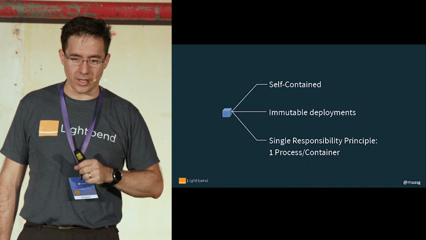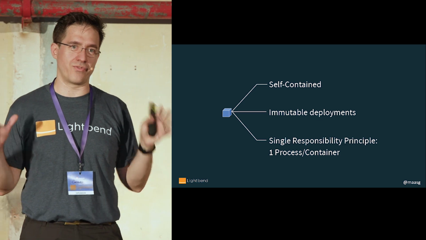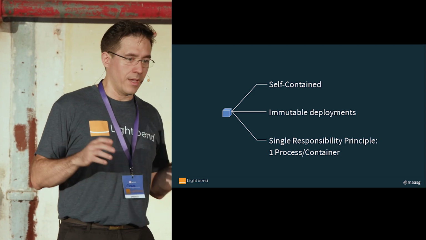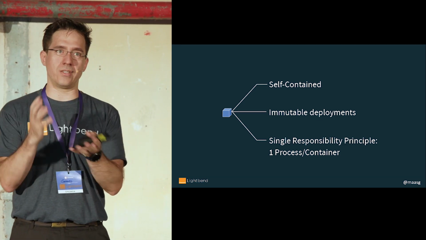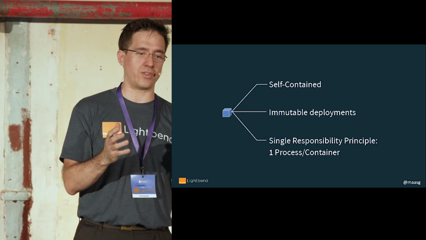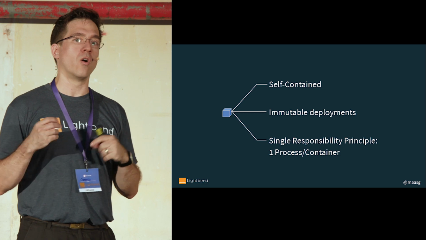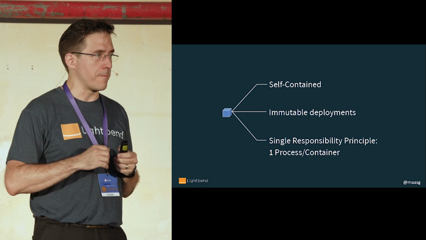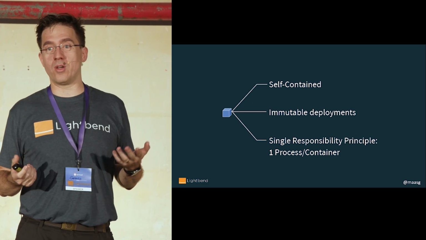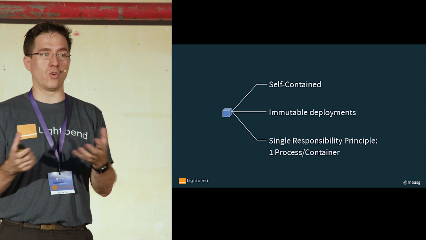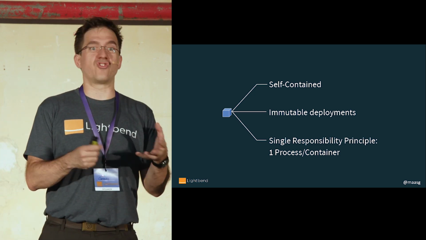So we were talking about containers, and containers gave us three very important things. A way of packaging an application. This is completely self-contained. You can take it and run somewhere else without worrying about dependencies other than other systems. We have immutable deployments. Once you created your container, that container doesn't change anymore.